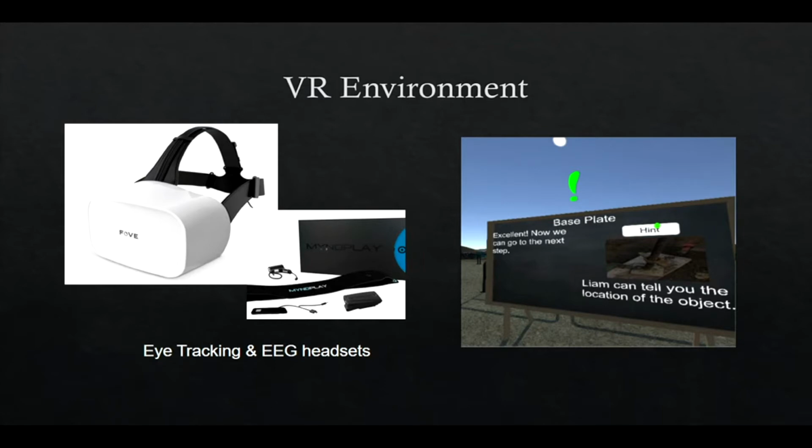So the FOV is the eye tracking headset. It's got cameras inside to measure people's gaze point, and it's got a built-in Unity package. In the picture on the right, the green dot represents people's gaze point.